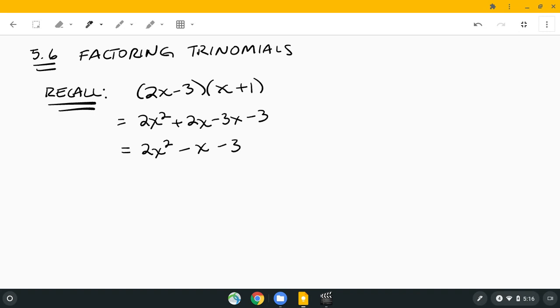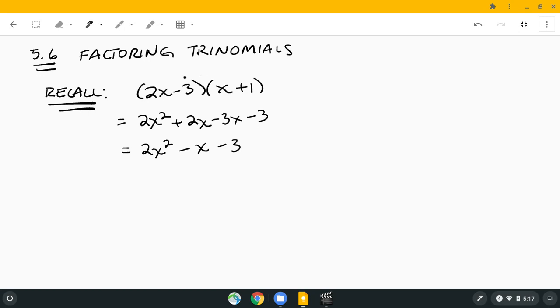Okay, so before we start with the factoring, let's just sort of inspect this and let's take a look at where these 3 terms in the trinomial, where do they come from in relation to these binomials? Okay, so here we have a 2x squared. Okay, and that came from here, which came from multiplying the 2x times the x.